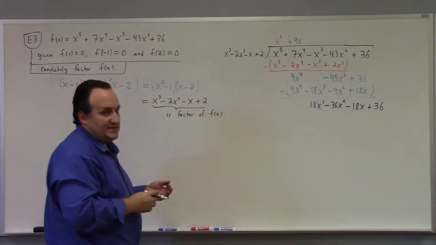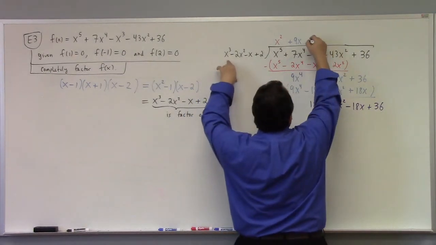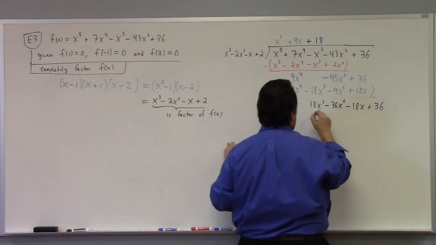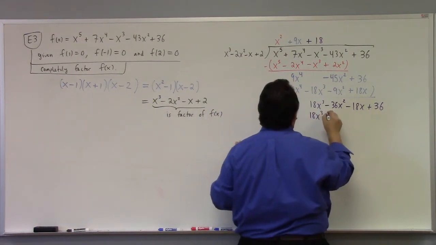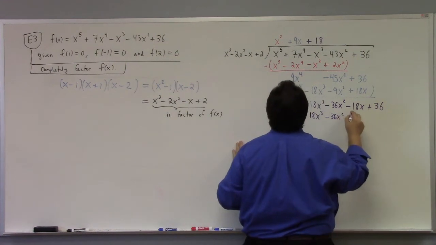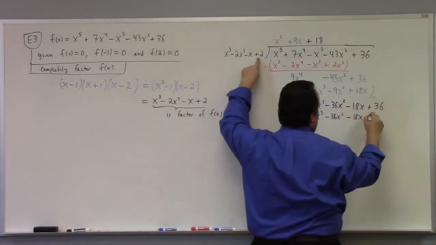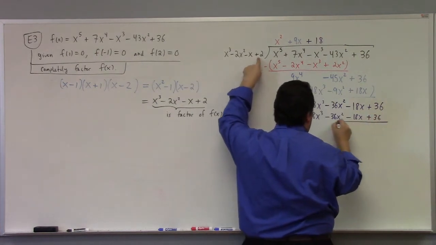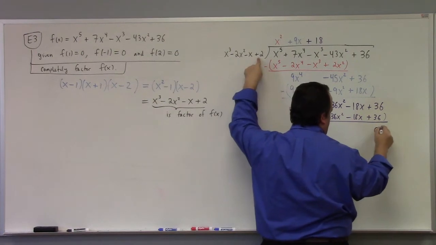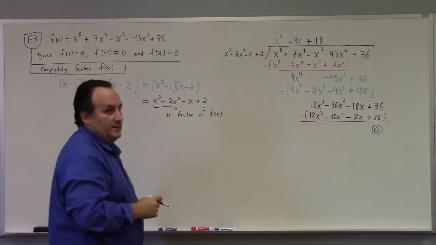So how do I get an 18x cubed from that? Well, obviously, I have to add 18. That gives me 18x cubed minus 36x squared minus 18x, multiplying this times that, plus 36. Well, that's good. So you subtract these and you get remainder 0. Good. If we didn't get a 0 there, we'd be in trouble.